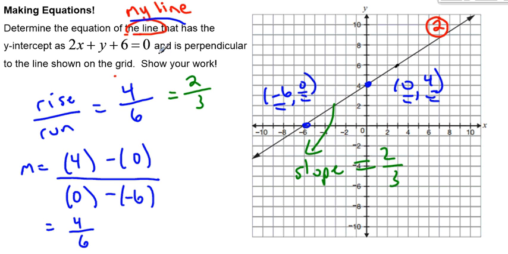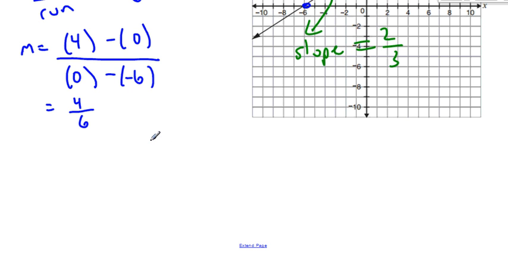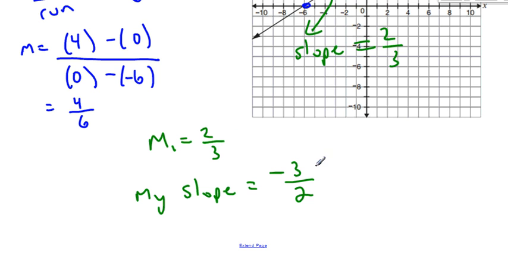Now, my line is perpendicular to this line. So that means that their slopes are negative reciprocals. So if the first slope is 2 over 3, then my slope is the negative reciprocal. This is a positive number, so my slope must be negative. This is 2 over 3, so my slope must say 3 over 2.